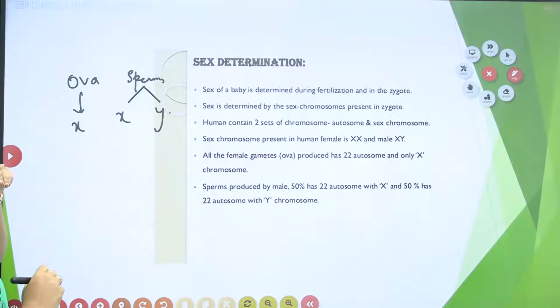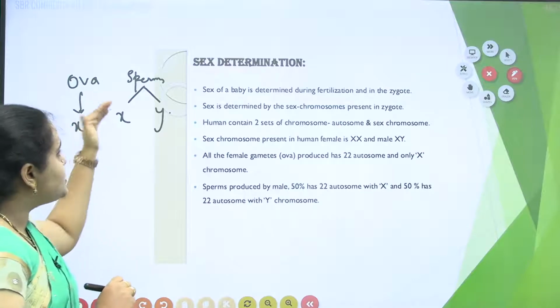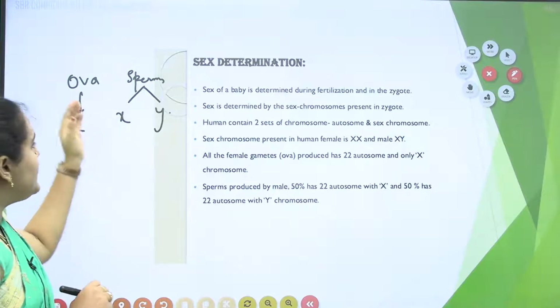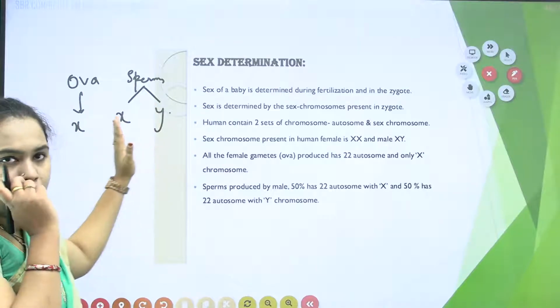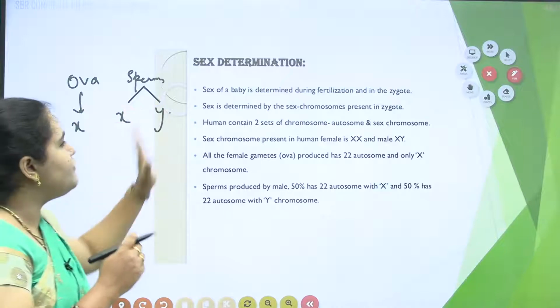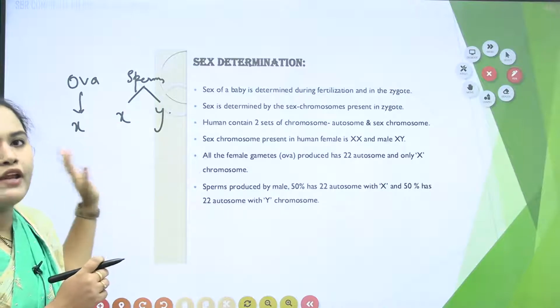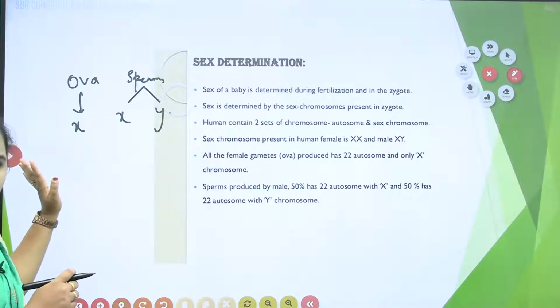Means the gametes of the female will be having only X chromosomes, whereas the sperms will be either carrying X chromosome or it may be carrying Y chromosome. So 50% of the sperms will be carrying the X chromosome and another 50% will be carrying the Y chromosome, whereas ova will be having only and only the X chromosome.